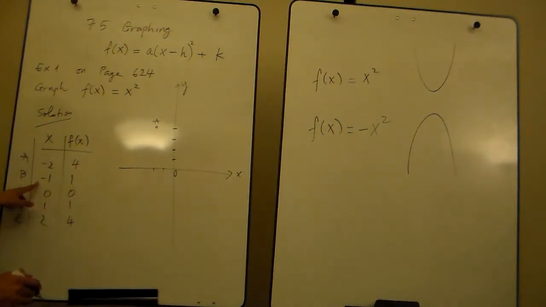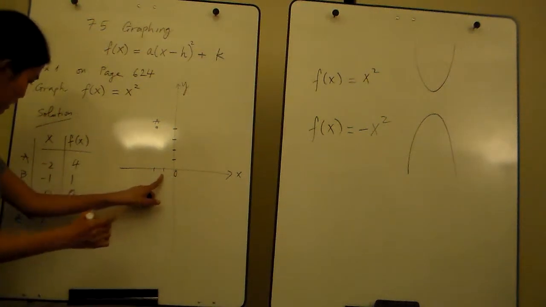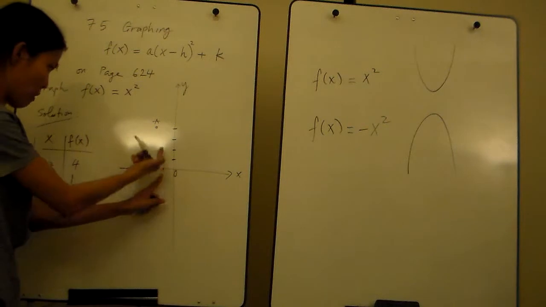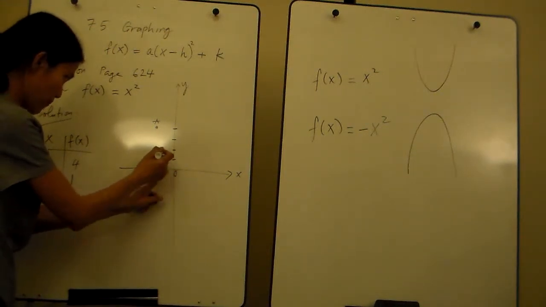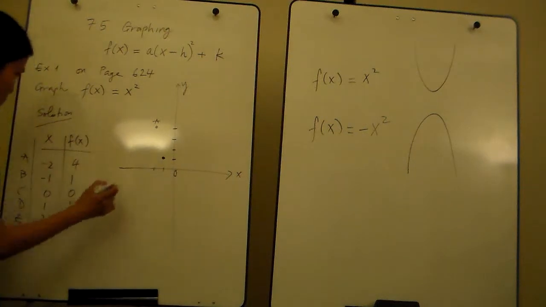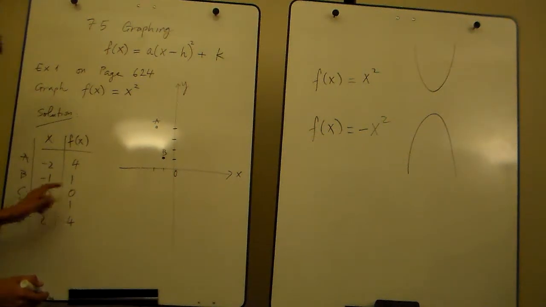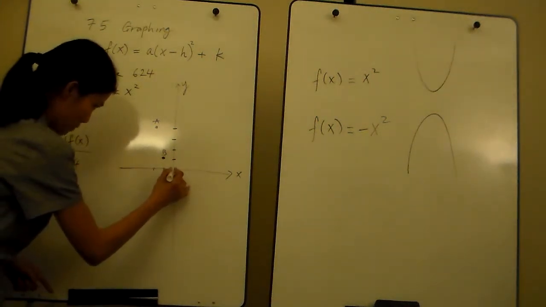Next one we have -1, 1. So -1 for x. From the origin, you go left 1 unit. And for y, it's positive, you go up 1 unit. So -1, 1, somewhere here, and this is point B. And point C, you have 0, 0, which is right at the origin, where both x and y are 0.